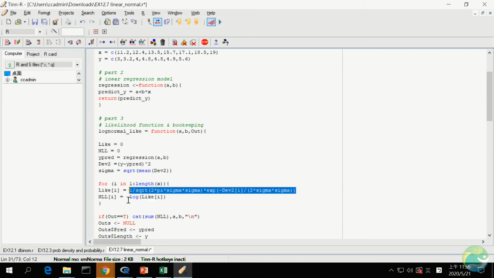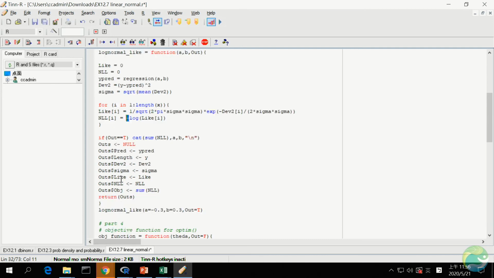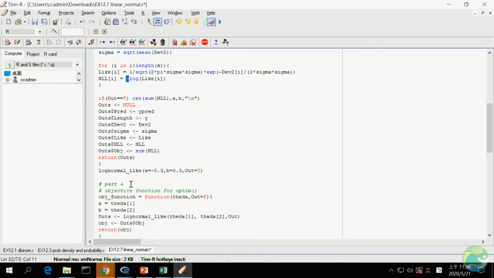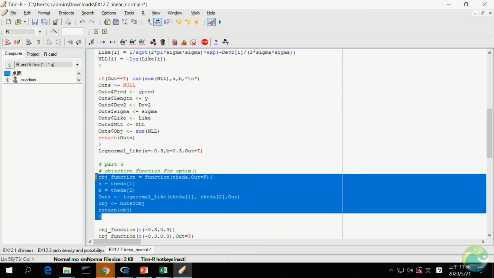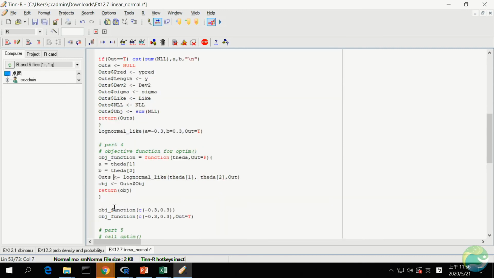We can calculate the negative log likelihood. We take the log of the likelihood and put a negative sign. And here we do some bookkeeping, right? Some derivative quantity we want to store in the computer program. And then we set up our objective function for our parameter A and B, right?